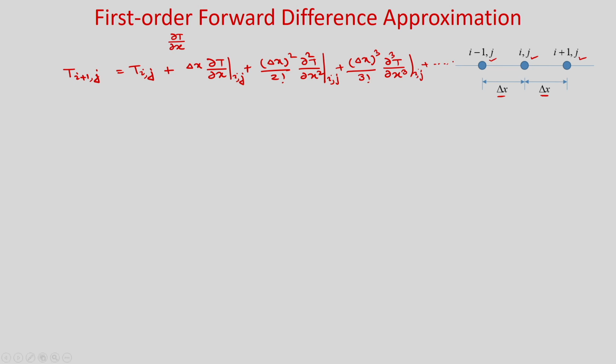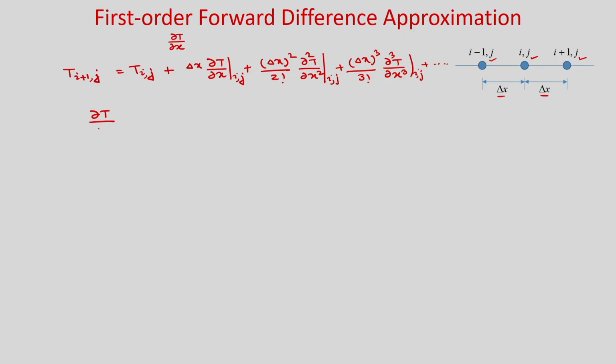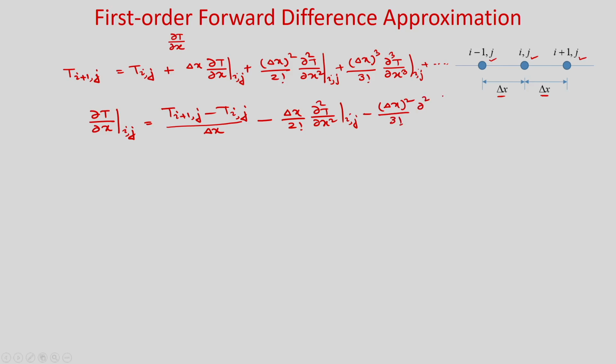So, if you want to find the derivative del T by del x at I j, you can rearrange and write del T by del x at I j is equal to T I plus 1 j minus T I j divided by delta x minus delta x by factorial 2 del 2 T by del x square at I j minus delta x square by factorial 3 del cube T by del x cube and other higher order terms.